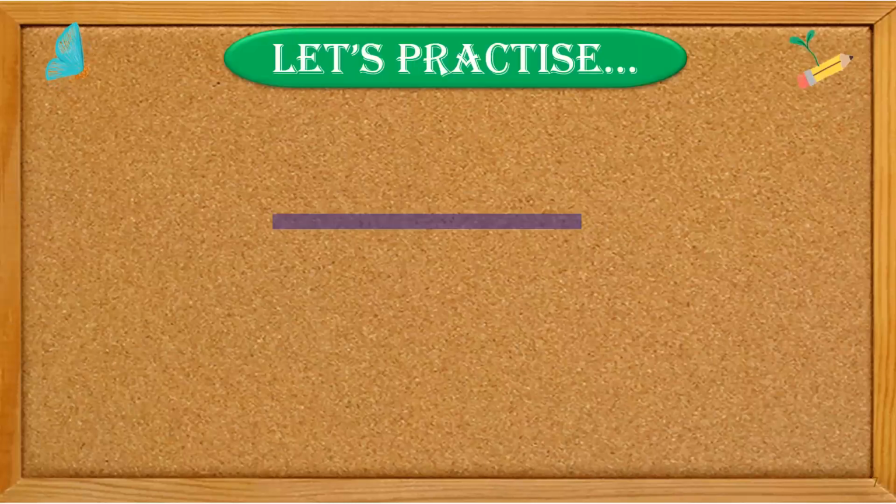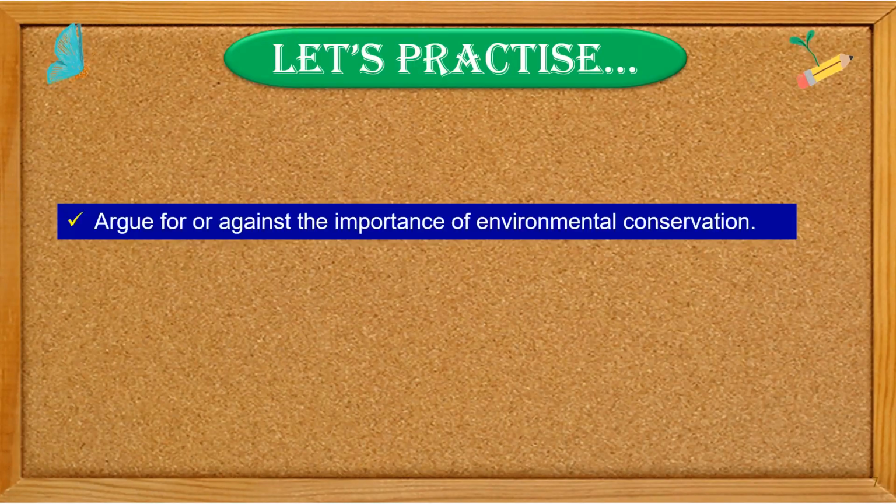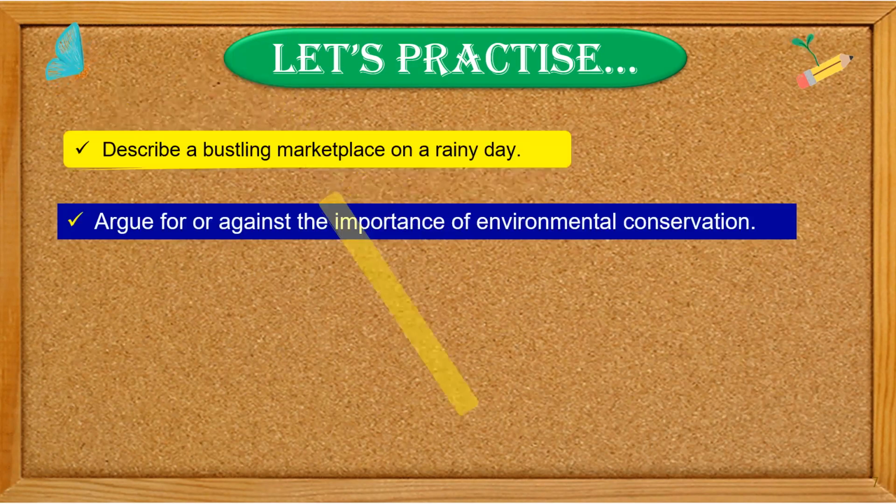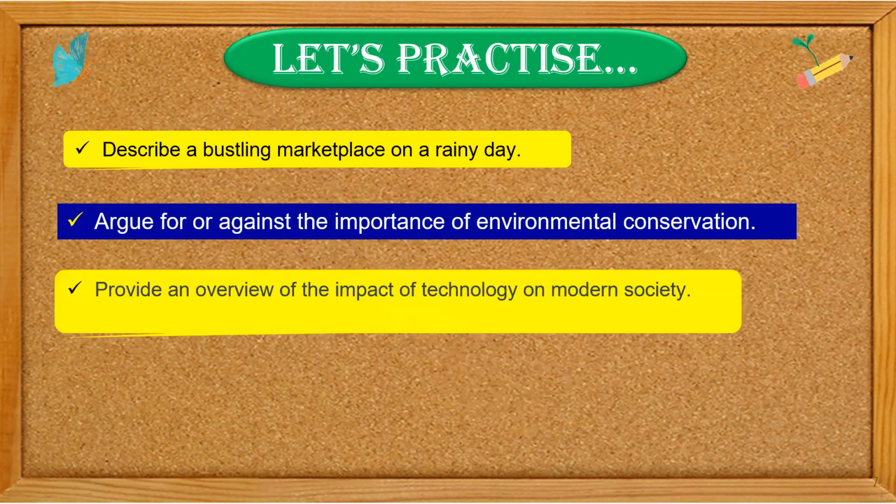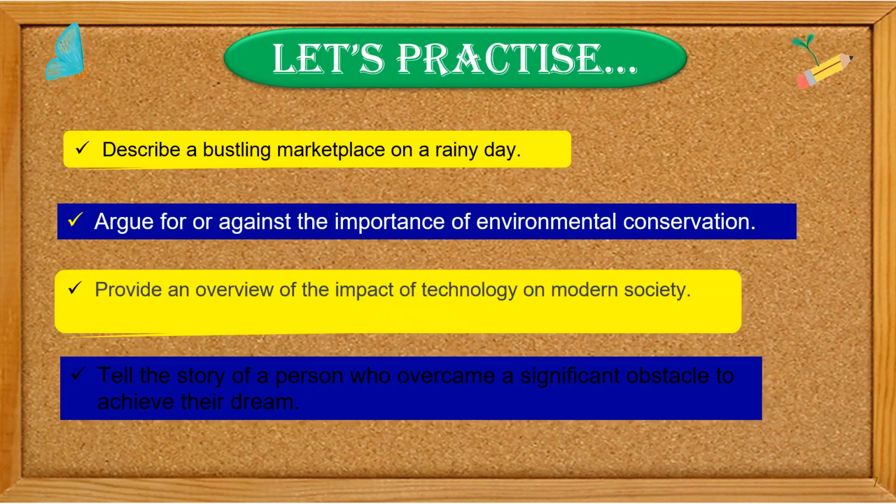Now we have to do the practice. There are 4 topics that relate to 4 different types of writing. First, you have to tell me, by looking at these topics, what type of writing it is. The first one is describe a bustling marketplace on a rainy day.